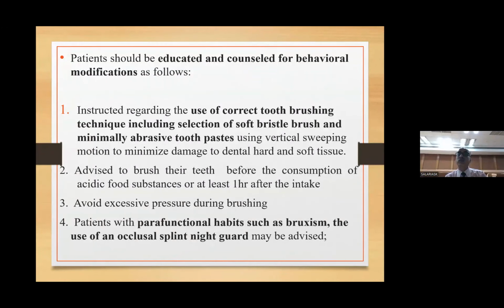Once you brush immediately after that, it will lead to a huge amount of tooth loss. So avoid excessive pressure. Parafunctional habits should be taken care of, and if they are present, we should consult an orthodontist, and if required, an occlusal splint should be provided.